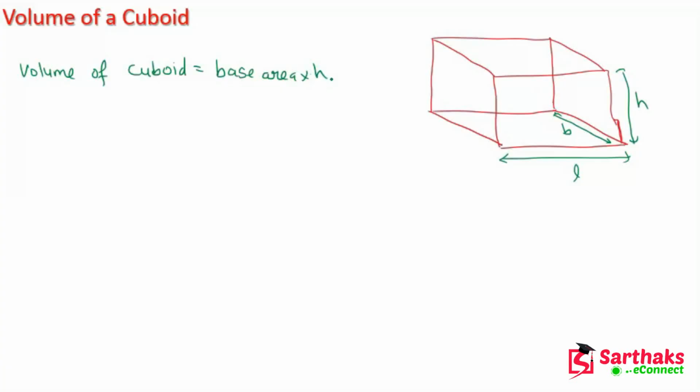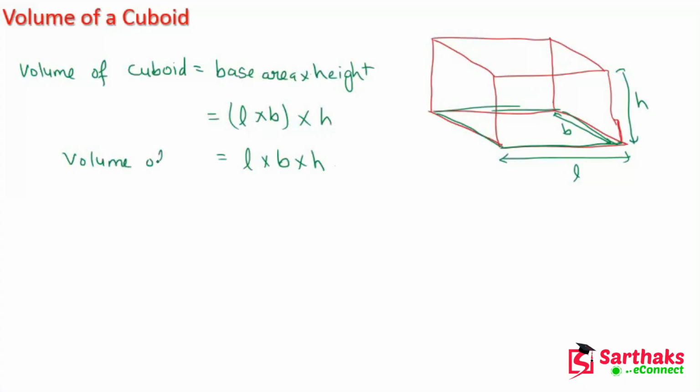The base area is this rectangular shape, and we know the area of a rectangle is length into breadth, so L into B. Into height, which is H. So we can write L into B into H. So this is the formula of the volume of a cuboid. I hope you get this point.